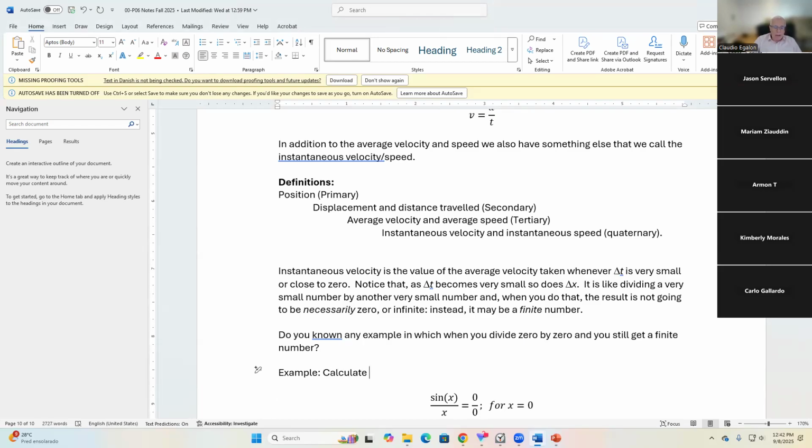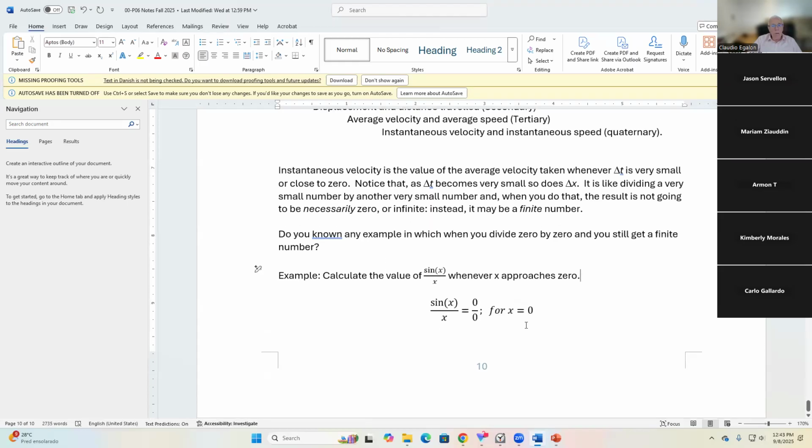Calculate the value of sine of x divided by x whenever x approaches 0, or whenever x is equal to 0. We do not know how to divide this number. Mathematically speaking, we cannot divide this number, but we can do something similar.